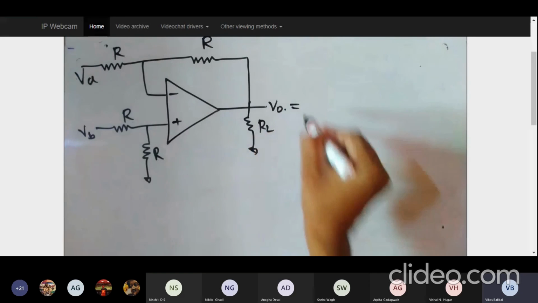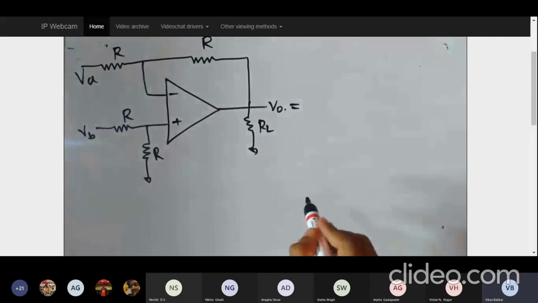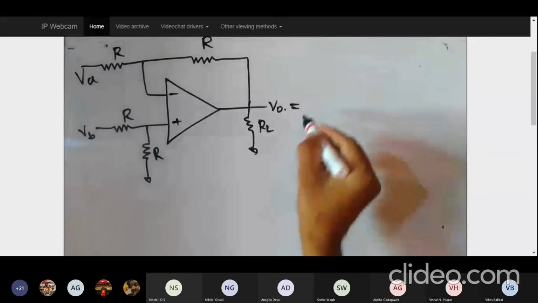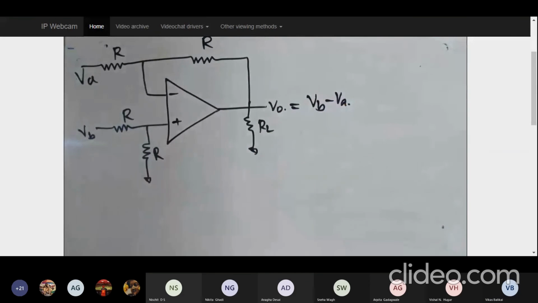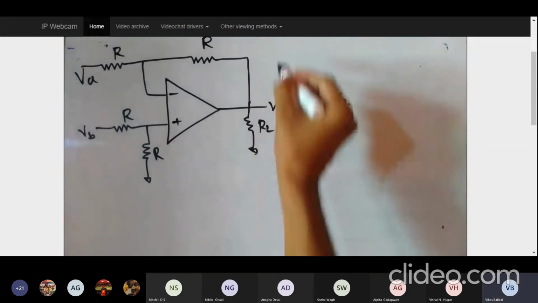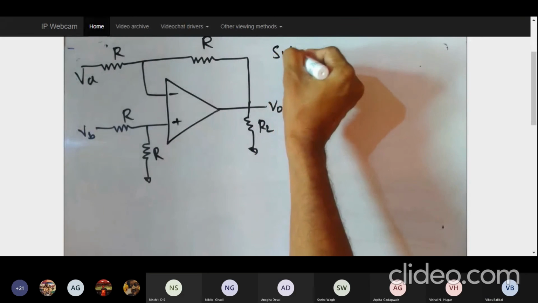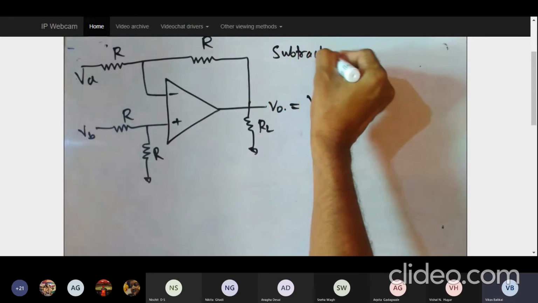So finally my output voltage would be something which looks like VB minus VA. So this will be my subtractor.